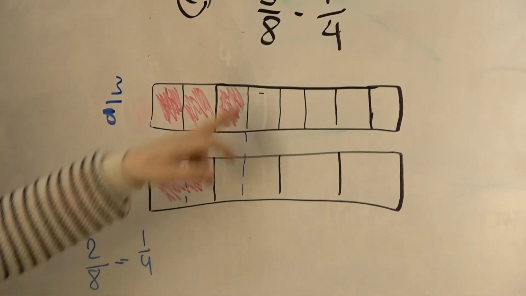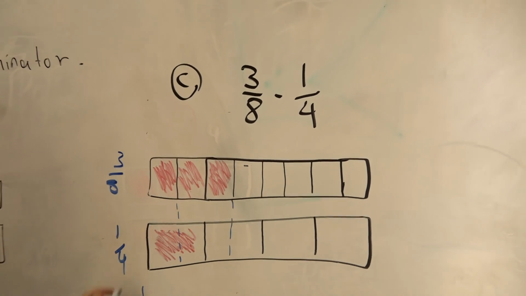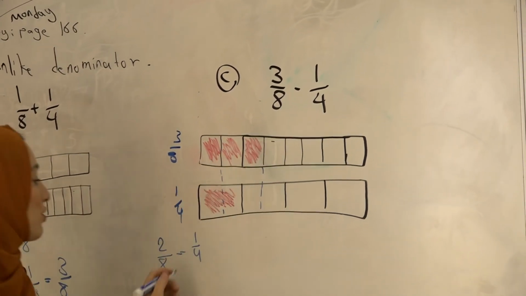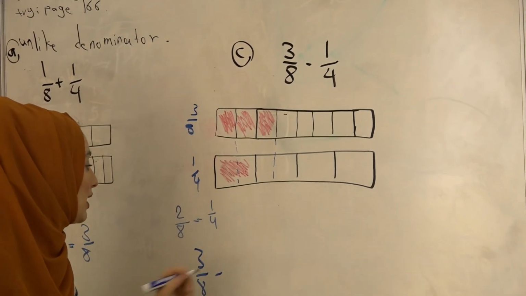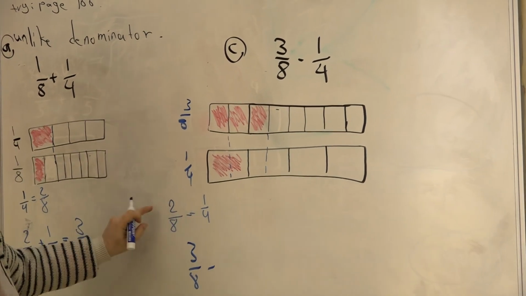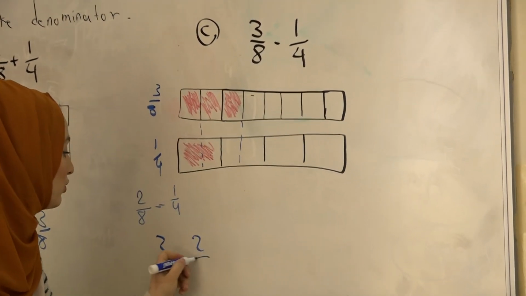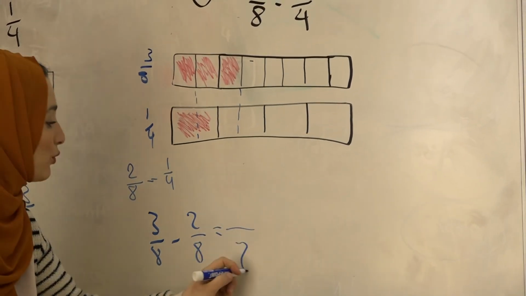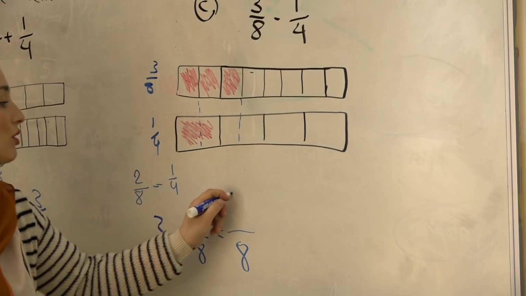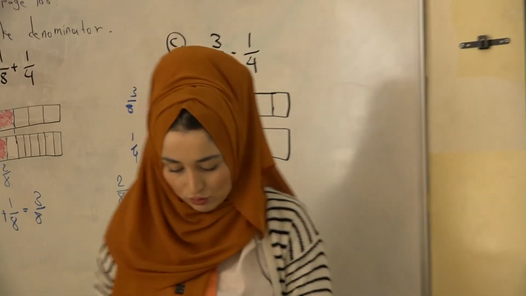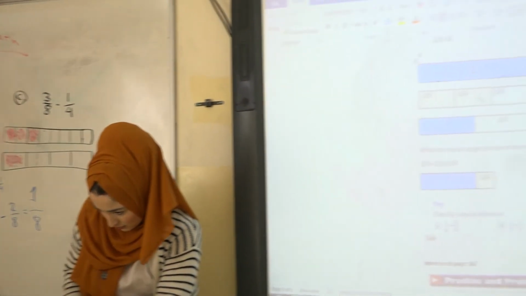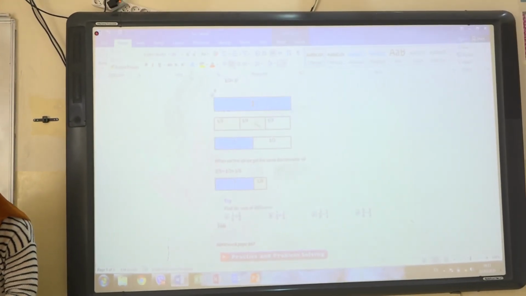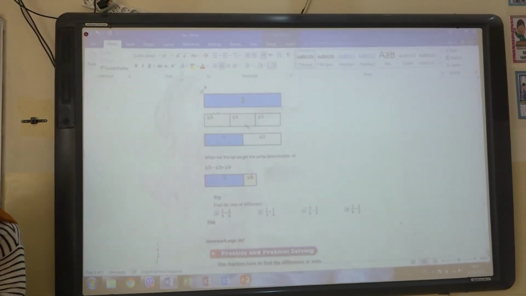Now we have 3/8, so 3/8 minus, instead of 1/4 we have 2/8. 2/8 equals how many? We have the like denominator at that time, so put down 8, and 3 minus 2 remains 1, so 1/8. Now, page 167, practice.